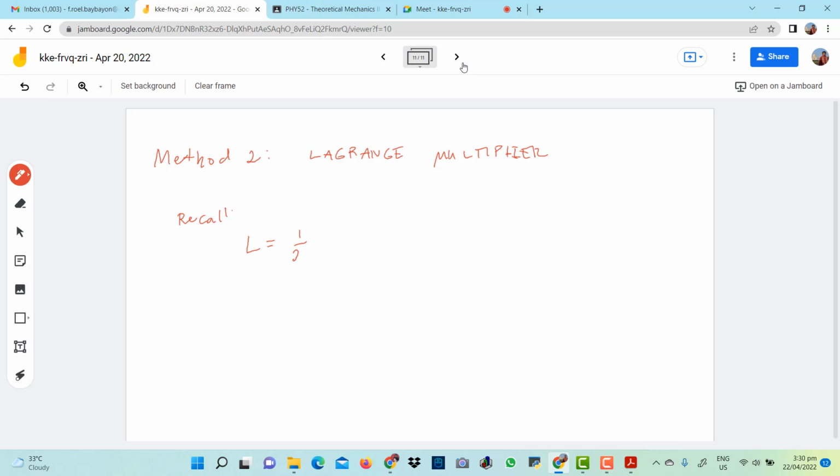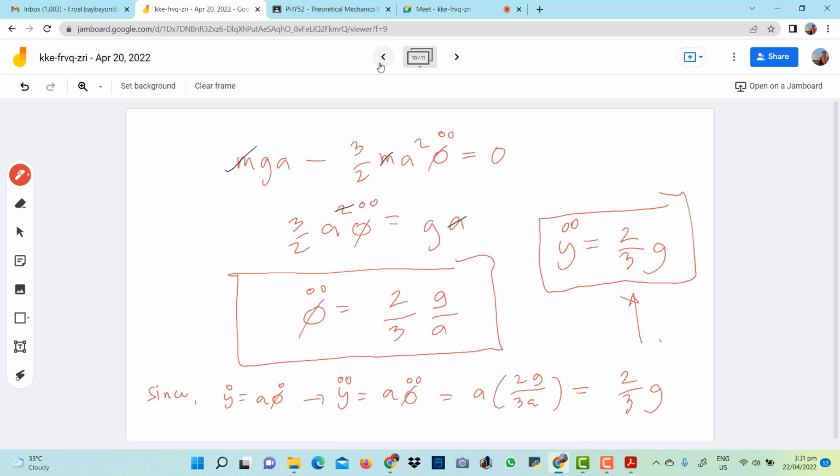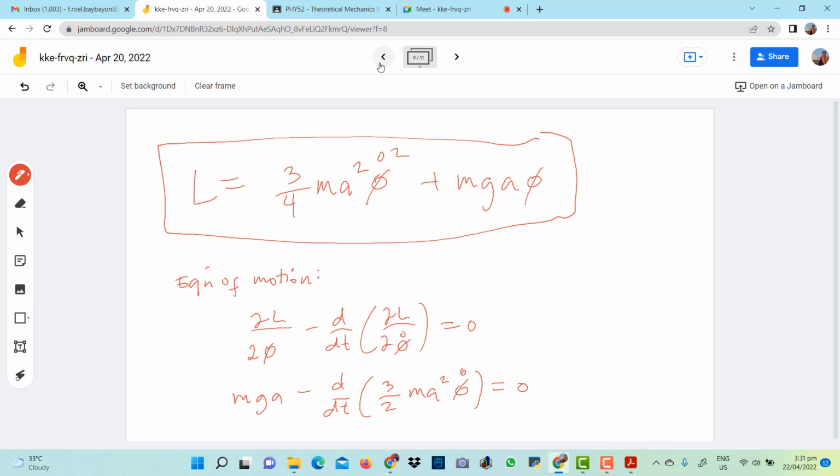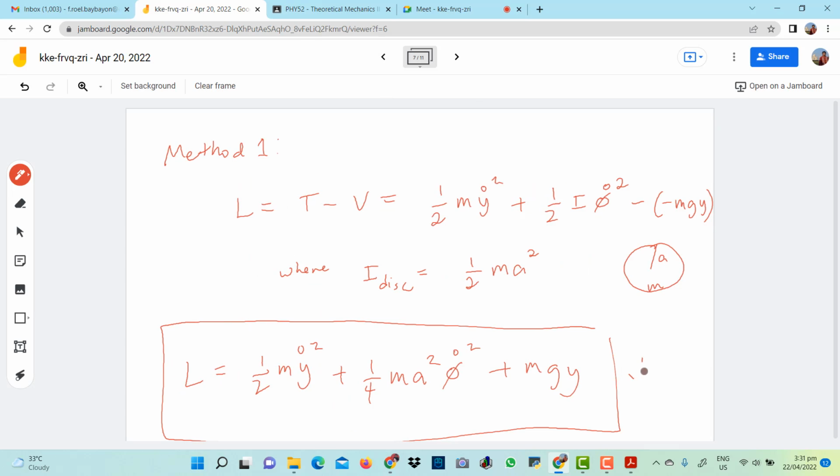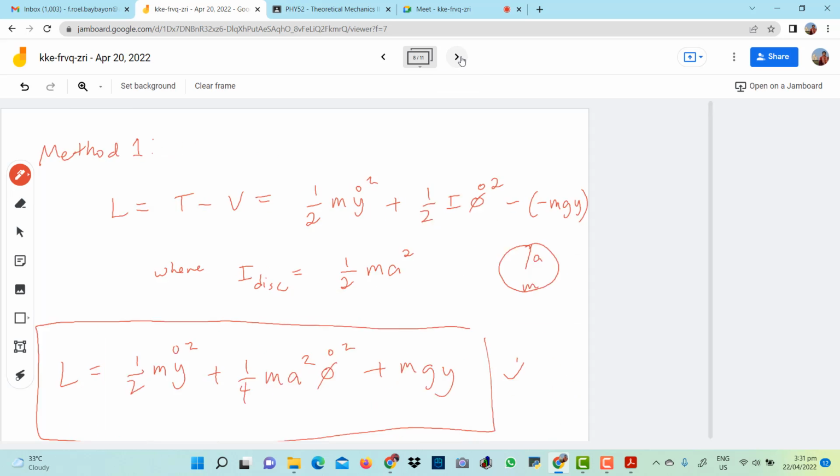We have 1/2 m y dot squared plus 1/4 m a squared phi dot squared plus mg times y. Sa original Lagrangian, wala pa nimo gi-incorporate ang equation of constraints.